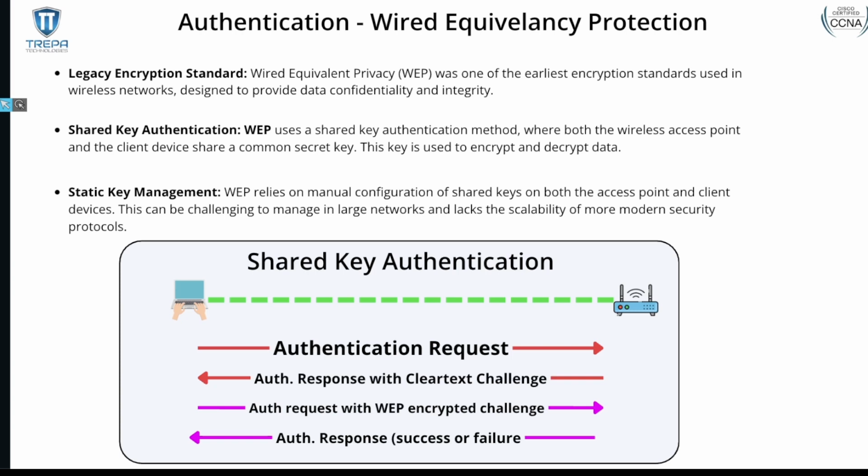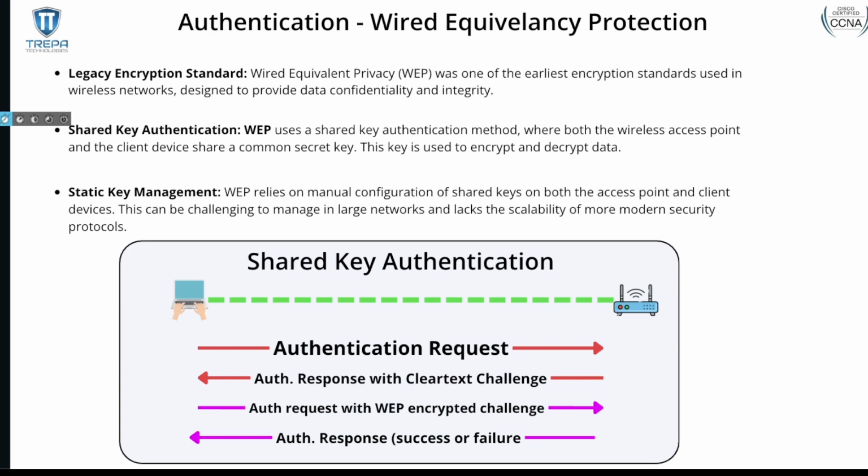This can be challenging to manage in large networks and lacks the scalability of more modern security protocols. So while WEP attempts to provide data integrity, guys, through something called a CRC, which is a cyclic redundancy check, it is not effective in preventing all forms of data tampering or unauthorized access.